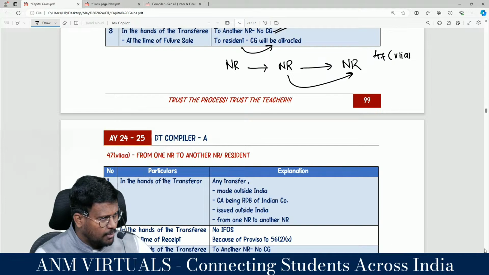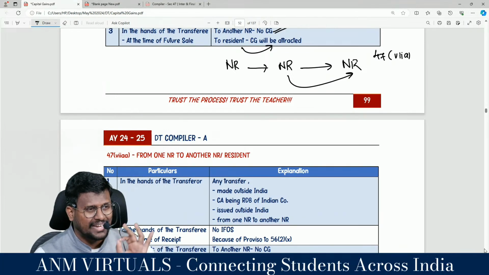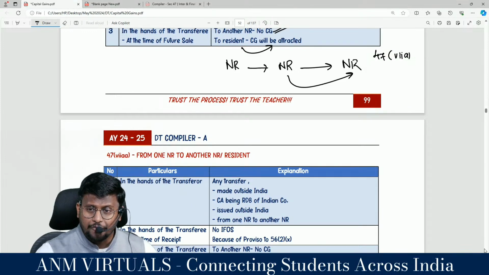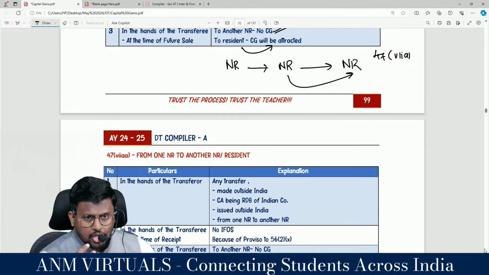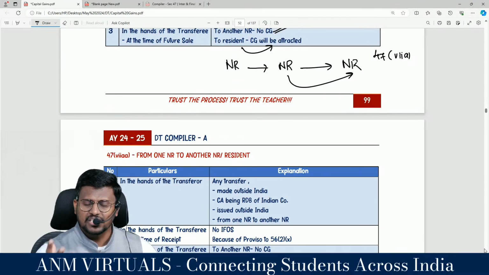That's it my dear lovable students. That's the discussion of 47 clause 7A. Transfer of bonds or GDR referred under section 115AC made outside India, by one non-resident to another non-resident, will not be regarded as transfer.